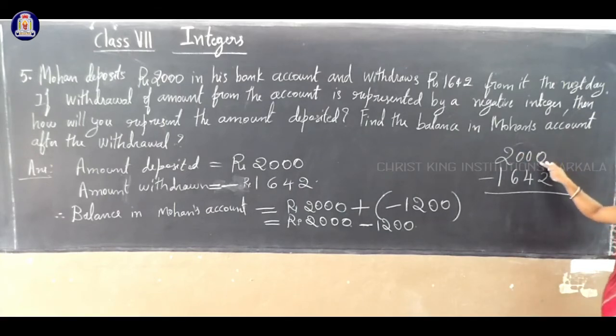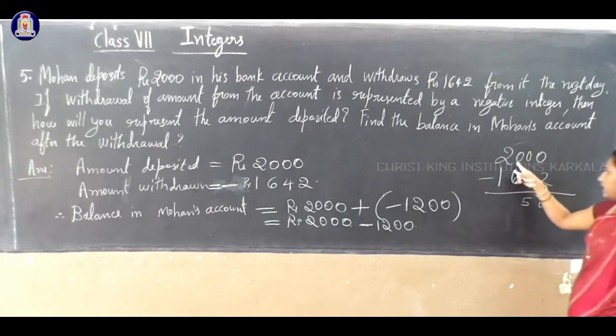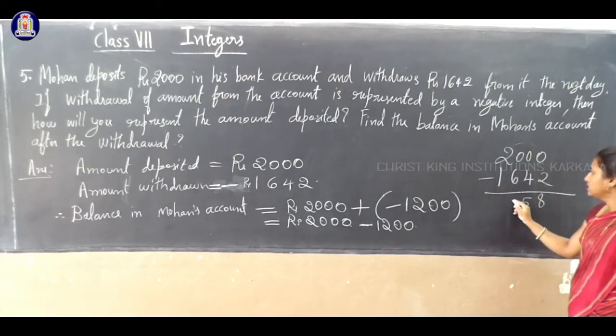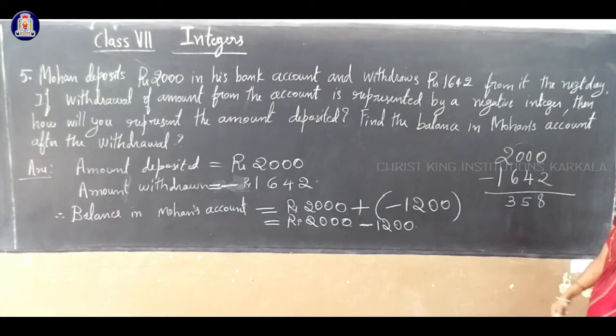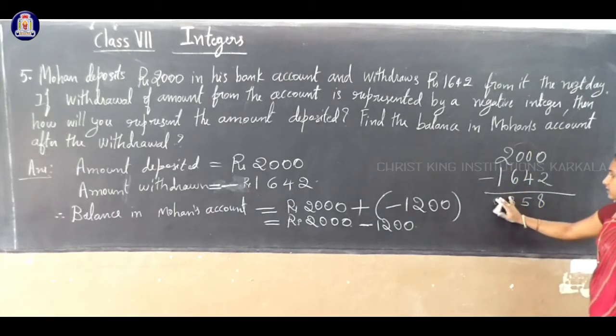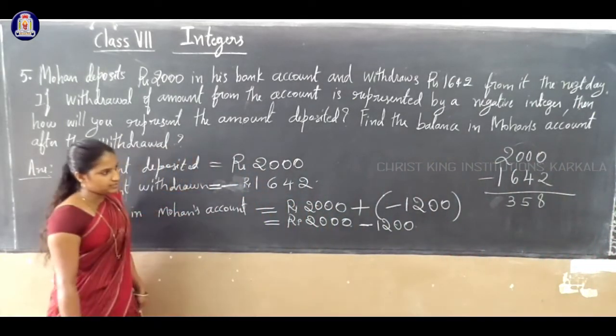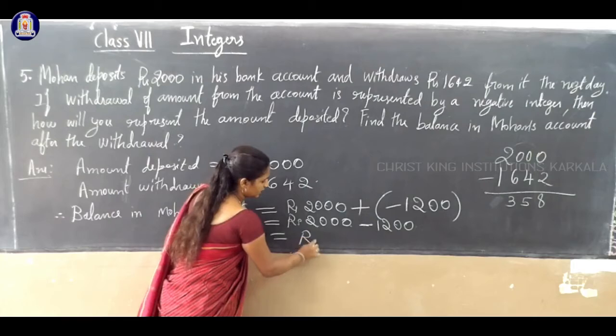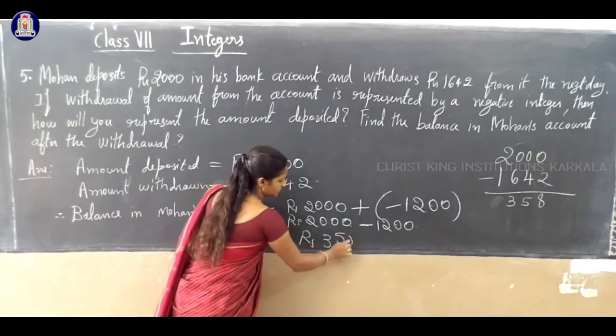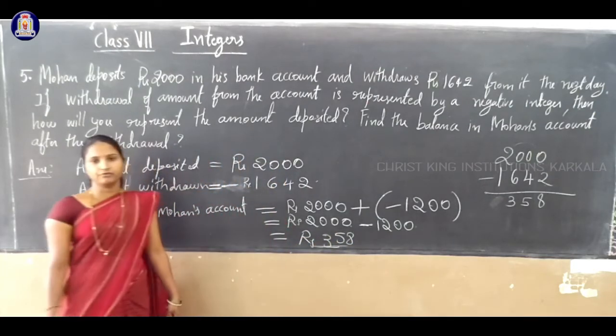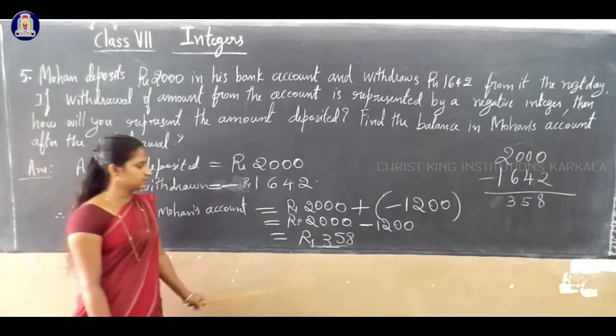So borrow, we get 10 minus 2, we get 8. Then remaining 9 minus 4 is 5. Here 9 minus 6 is 3. So what is remaining here? 0. So now the balance in Mohan's account is rupees 358. Clear? So this is the answer.